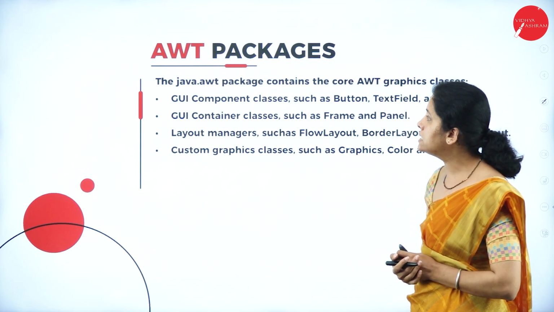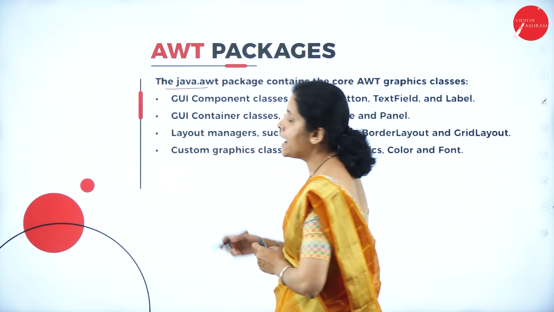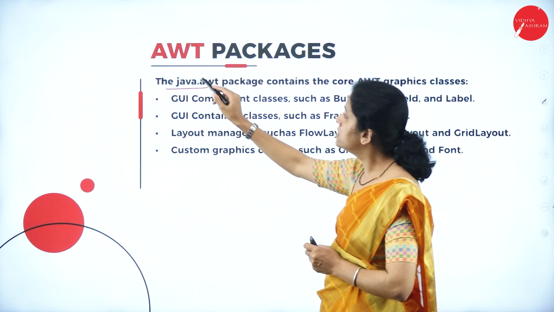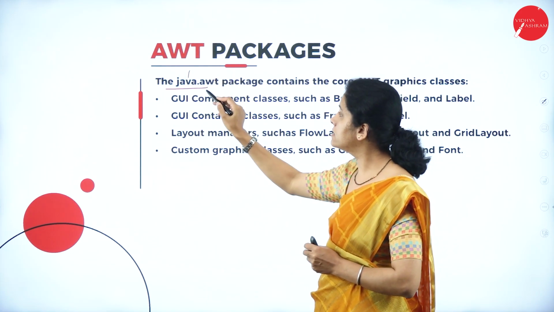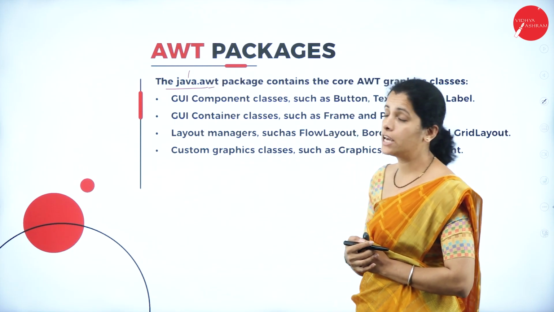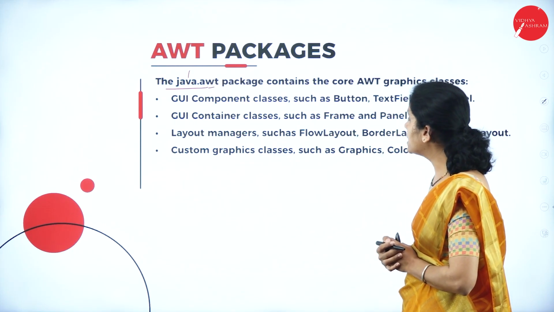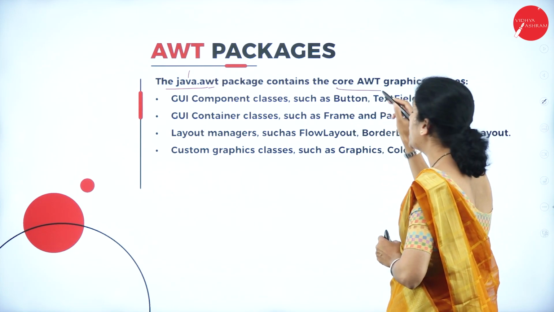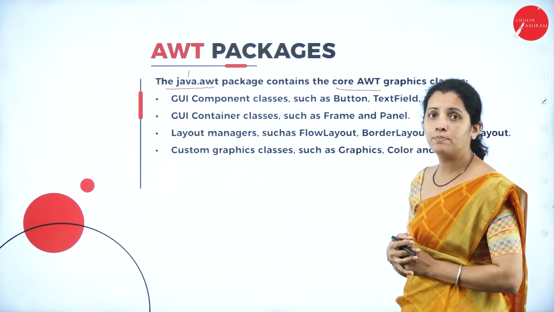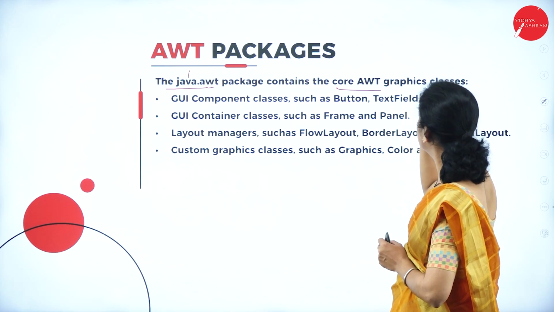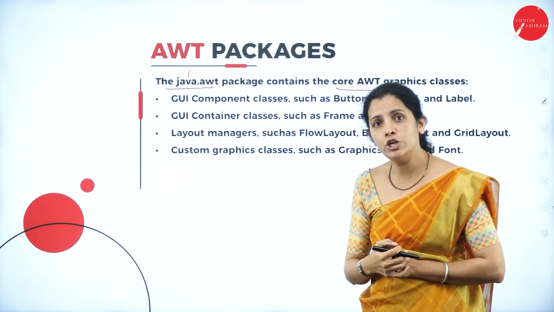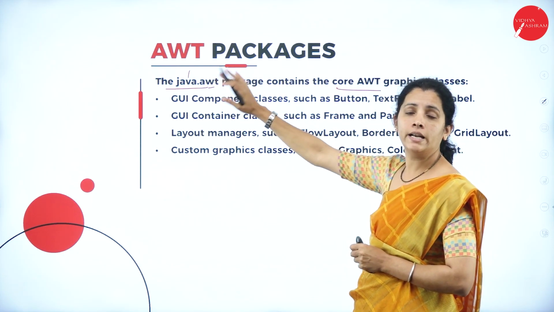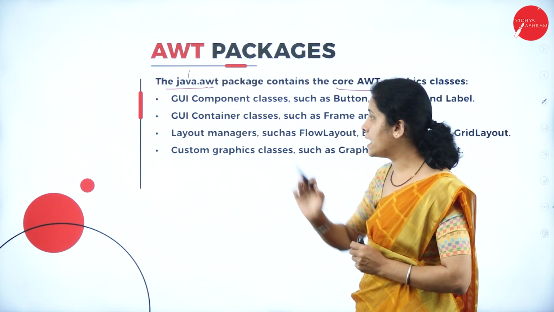Now dear students, see here, in java.awt, Java is the main package. Under this I have the sub package awt that contains the core AWT graphics classes. In that I have the GUI component and GUI container.